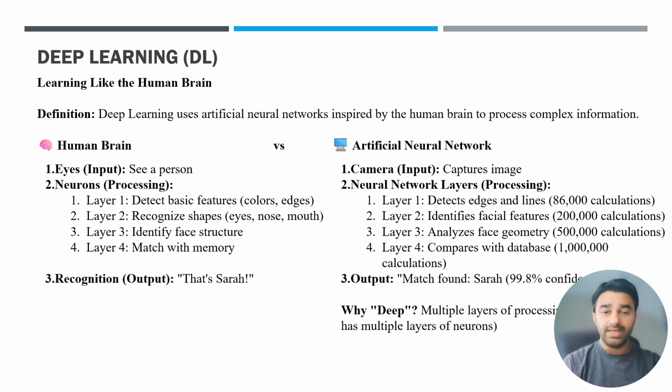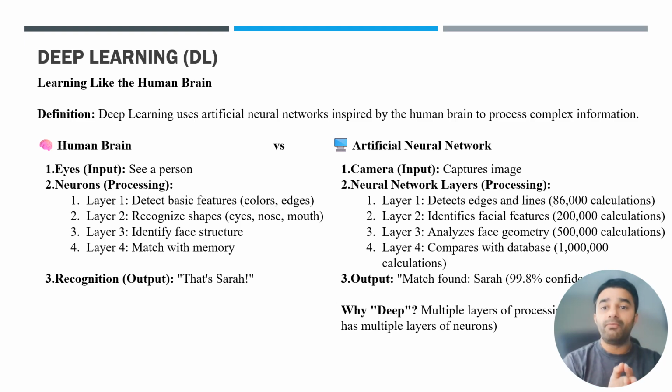In layer 3, the network analyzes face geometry, the spatial relationship between the features, the overall structure. This could involve 500,000 calculations, similar to your brain's third layer analyzing the complete face structure. In layer 4, the network compares all this processed information with its database of known faces.